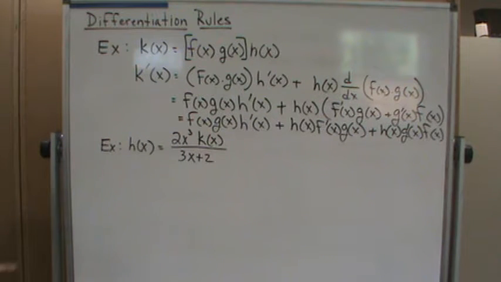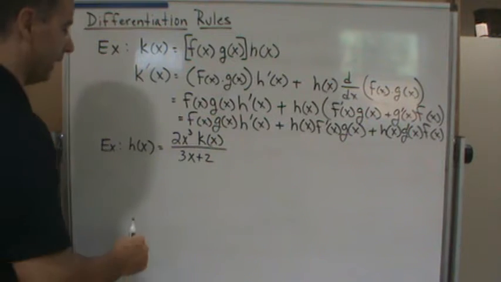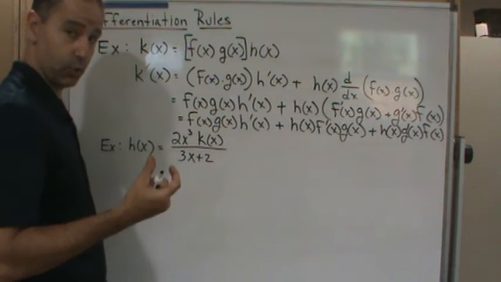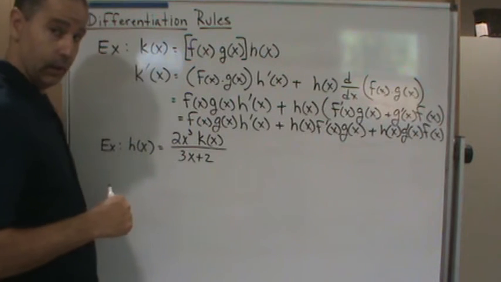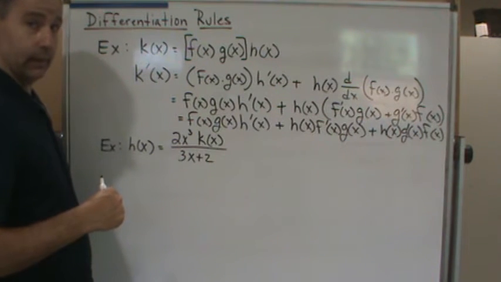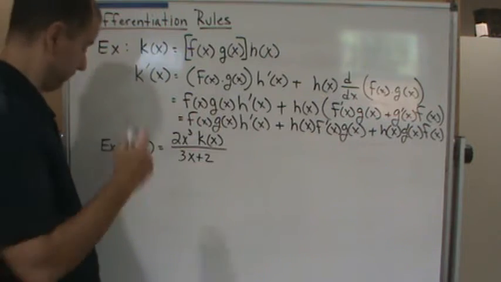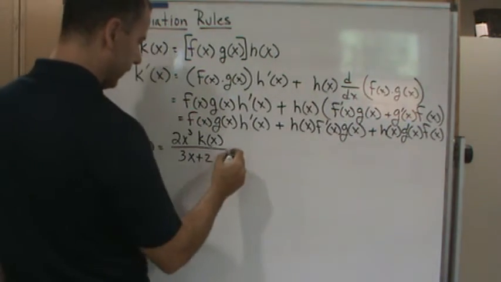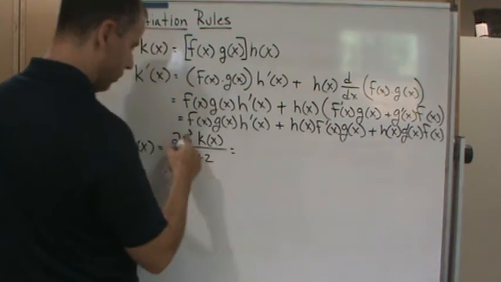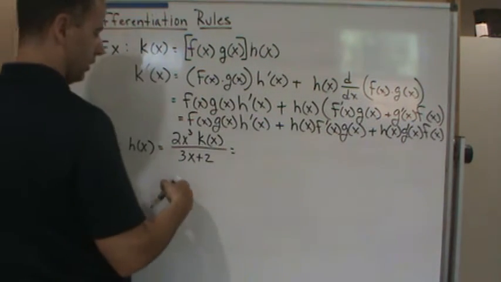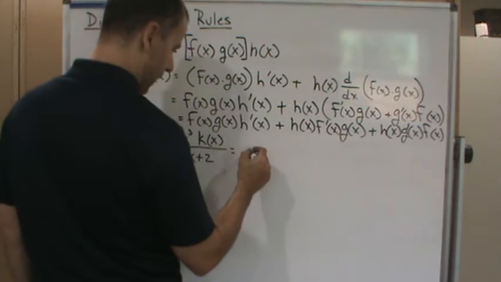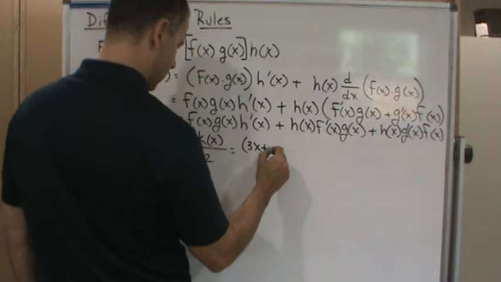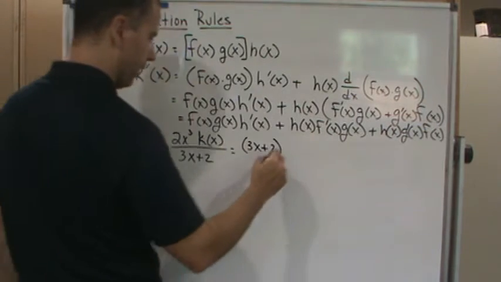Okay? So now the second one is a quotient rule, but it involves a product in the numerator. So in this case, we're going to end up doing the quotient rule and the product rule together. Okay? So if I use the quotient rule, what's the quotient rule? It's low D high, right? It's the bottom, 3x plus 2 times the derivative of the top.